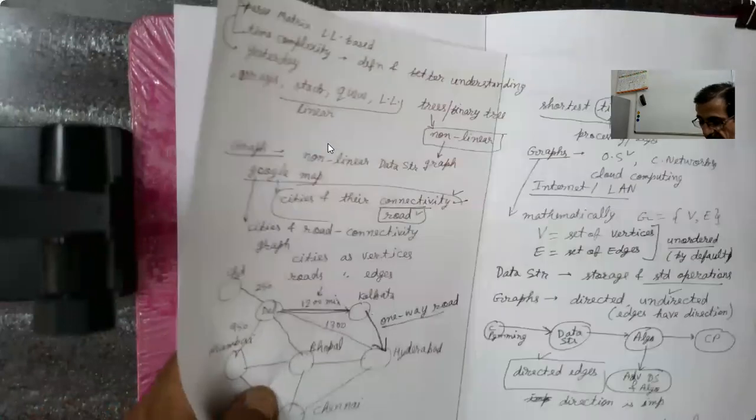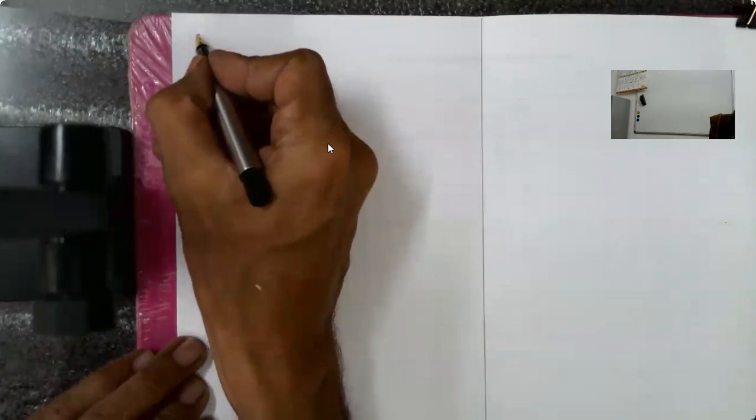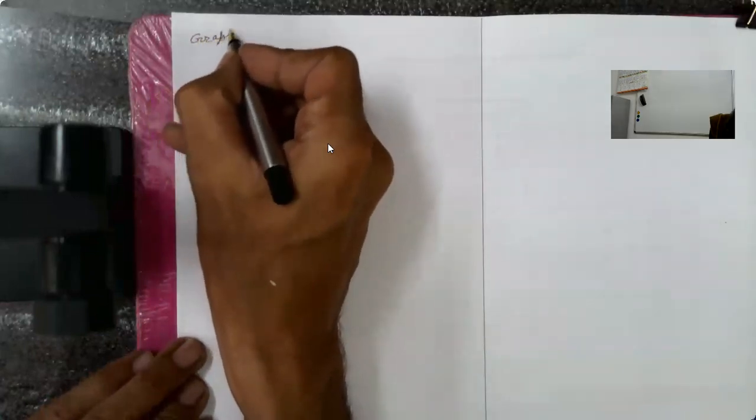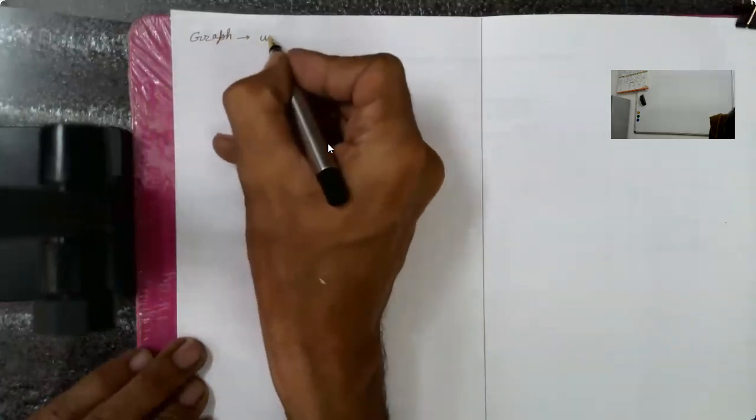Similarly, we have another category of graphs: weighted graph or unweighted graph.